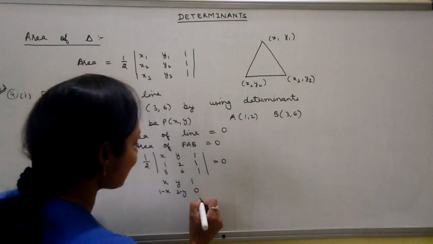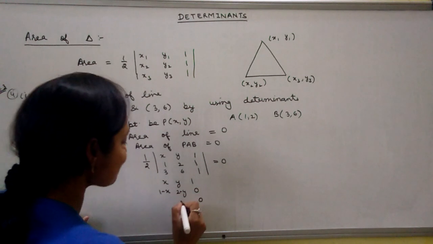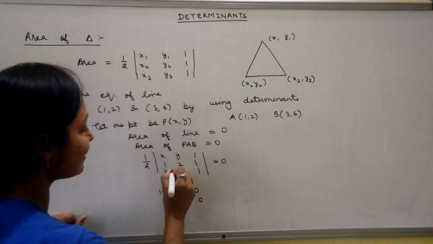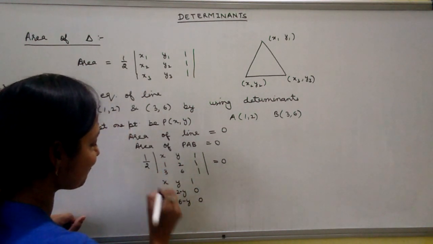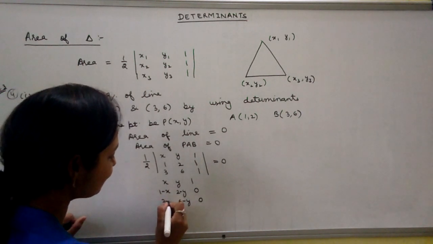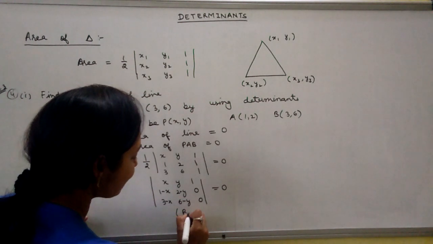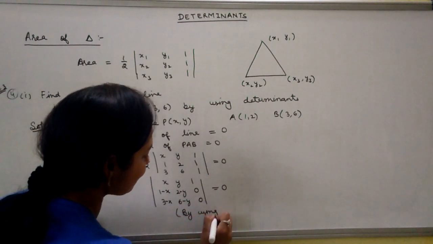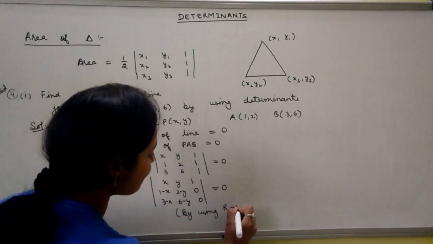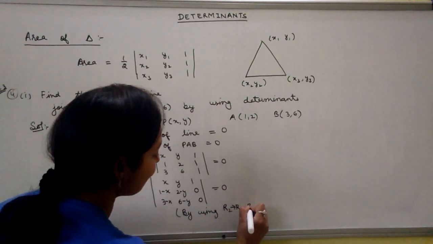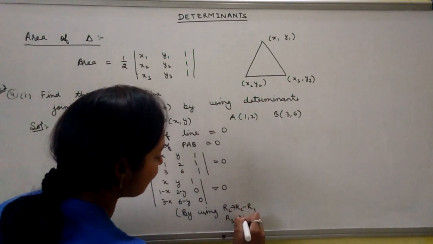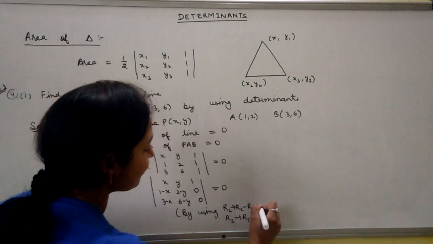And the third one, R3 minus R1, gives 0, 6 minus y, 3 minus x.